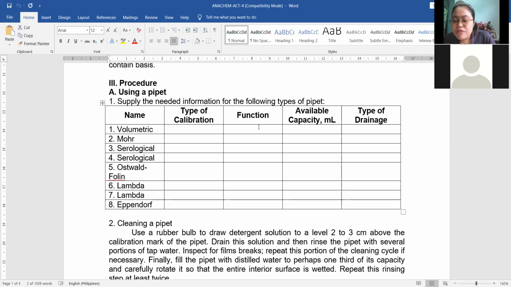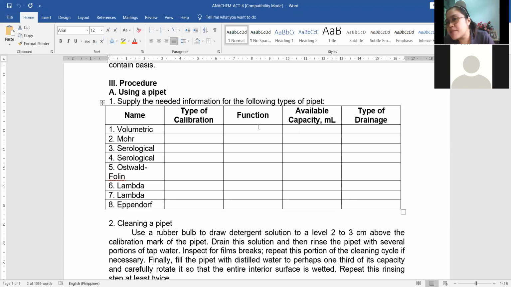We have Ostwald Folin pipette also. And just like the serological pipette, you can also see number 6 and number 7, dalawa ding lambda na pipette. Kasi again, meron siyang to contain, meron din siyang to deliver na type of calibration. And then the last one, you have the Eppendorf pipette. So you have to supply the needed information like the type of calibration.